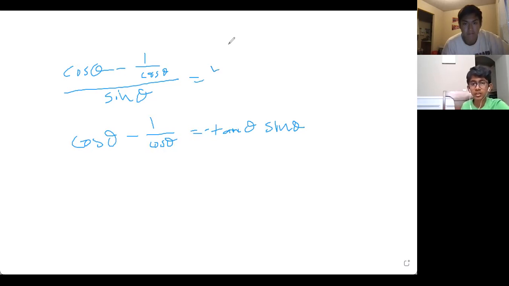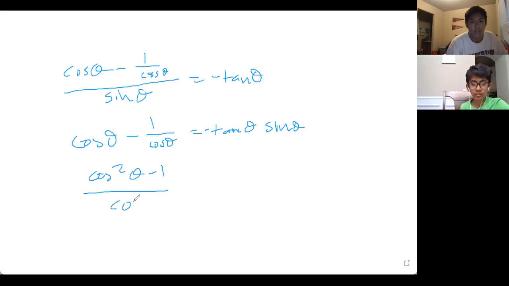Okay, then what did you do from here? That's where I'm stuck. Well, I would combine these two if you want. This is cosine squared theta minus 1 over cosine theta. What's this top?